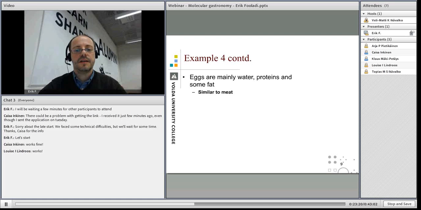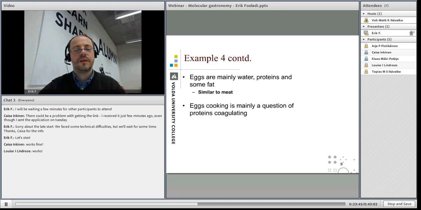And the proteins, the egg white is mostly water and proteins. The egg yolk is water, proteins, and some fat. And this is similar to meat. And what makes an egg cook solid is mainly a question of the proteins coagulating, or denaturating and coagulating.